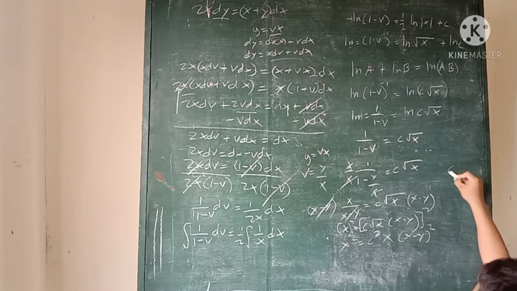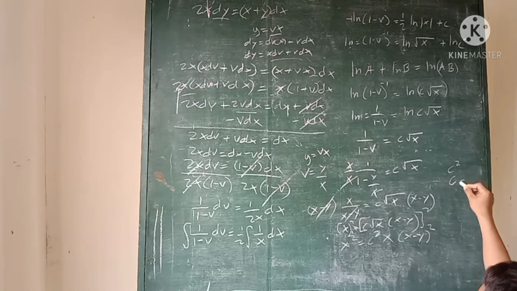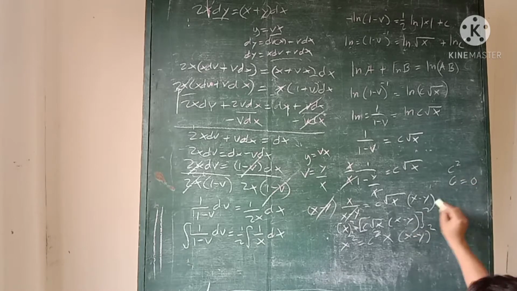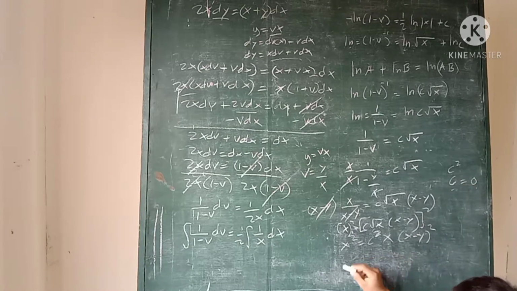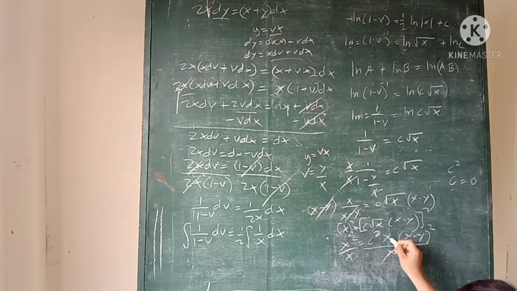Since c squared is a constant, the derivative of c is 0, so we can use c as the constant. So the answer is divided by x, so cancel this one variable.